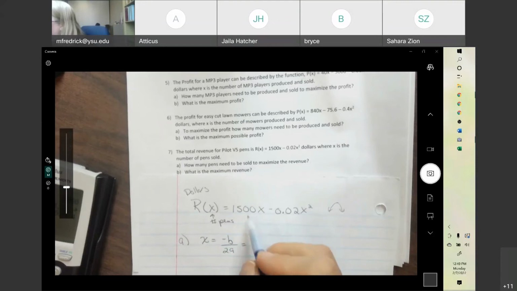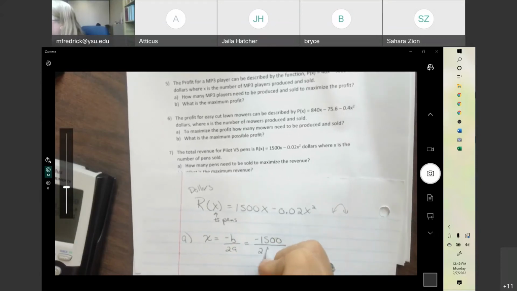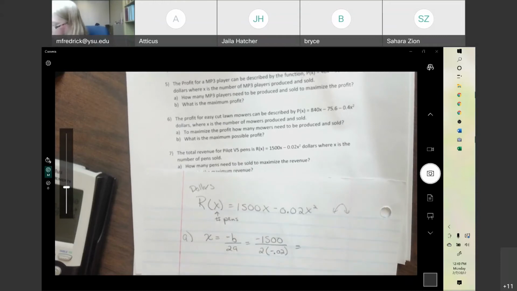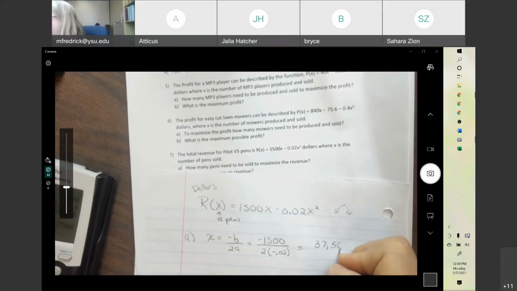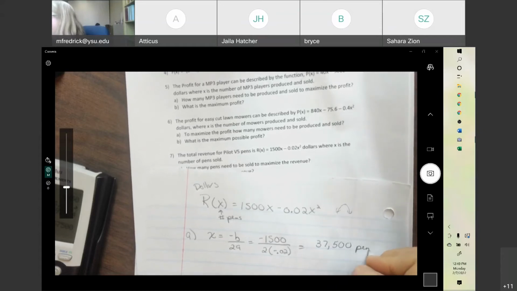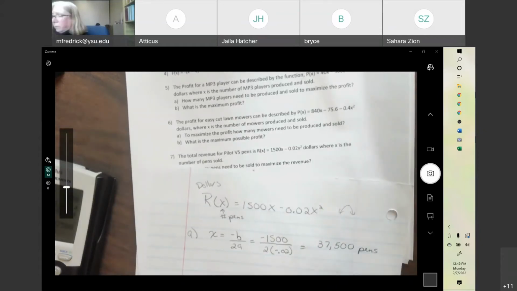B is with the X term, negative 1,500, over 2 times A, which is with the squared term, negative 0.02. To maximize your revenue, you need to sell 37,500 pens. Any questions on that?